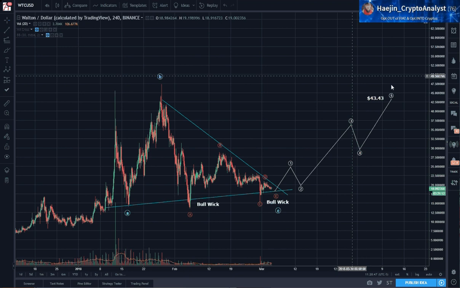And one of those alternates could be that we get a lower low. And it's a process that tries to narrow down the least likely and maximize the most likely outcomes.